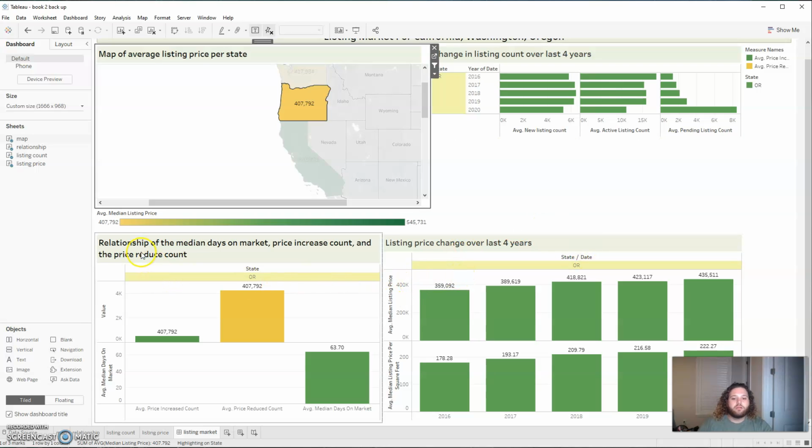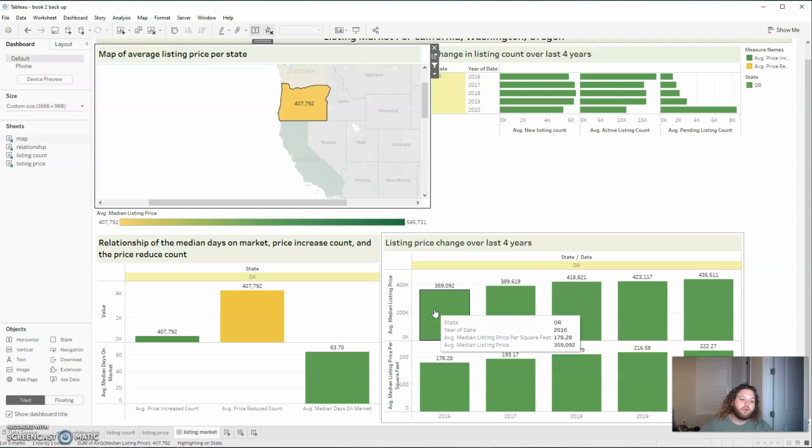Now going over here and looking at the relationship median days on the market, right here, 63 days is the average mean for homes of $407,792 in the state of Oregon. These homes had a price increase count of 512 and a price reduce count of 4,243. Going over here, we still see a price increase, like I said before.